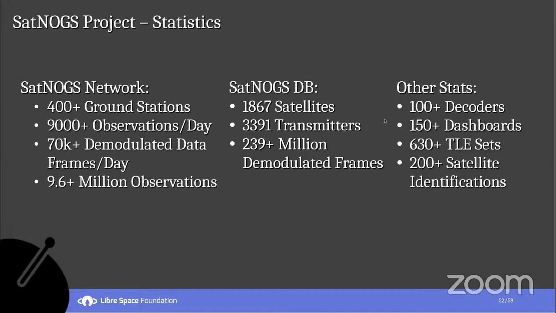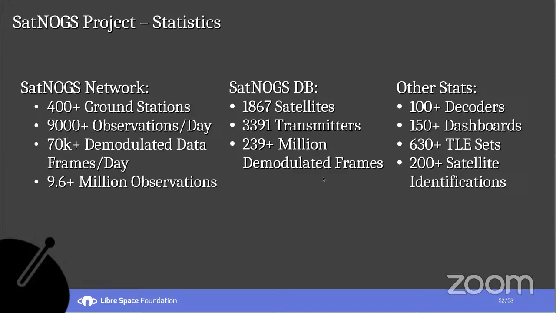So here are some statistics about the SatNOGS project. On the network, we have more than 400 ground stations. We perform more than 9,000 observations per day, and we gather around 70,000 demodulated frames per day for several satellites. We have also performed until now more than 9.6 million observations in the last decade that the SatNOGS network works.